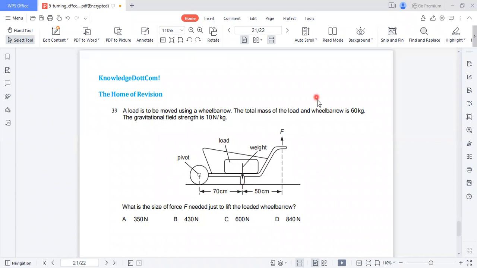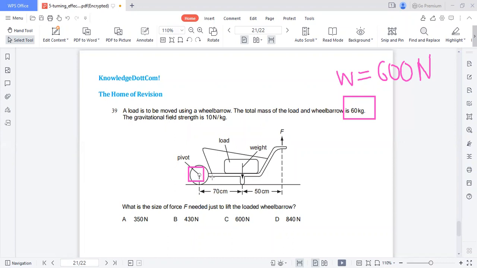The total mass of the load and wheelbarrow is 60 kg, so the weight would be 600 N. The pivot is somewhere here. What is the size of force F needed just to lift the loaded wheelbarrow?